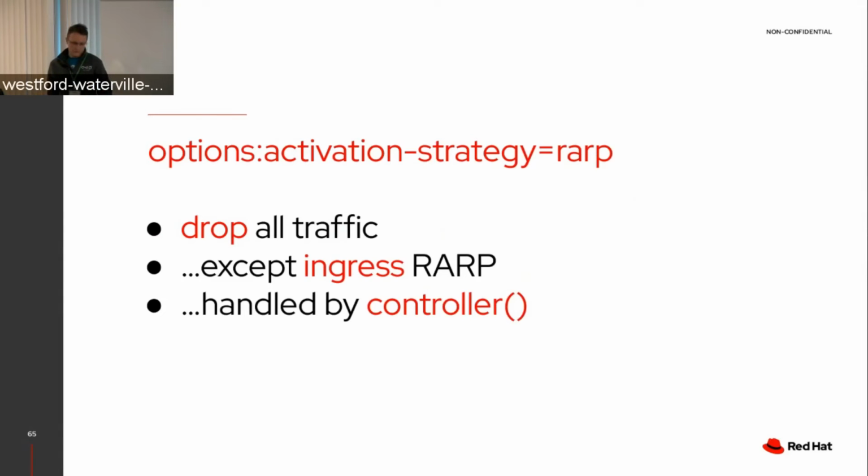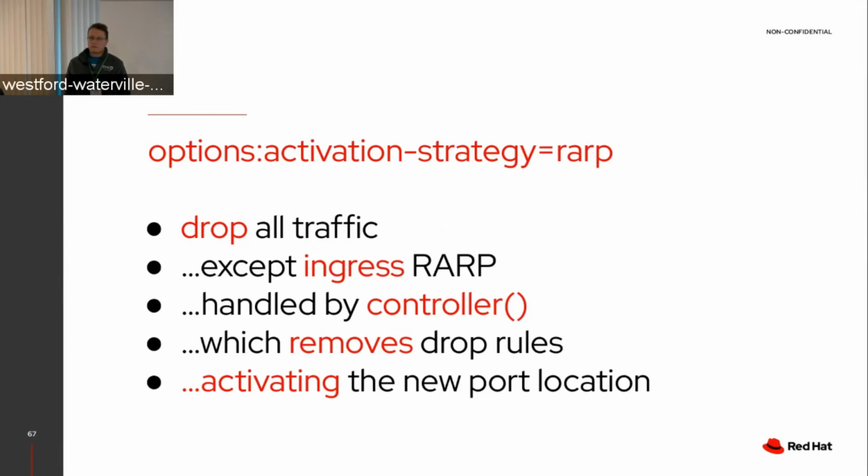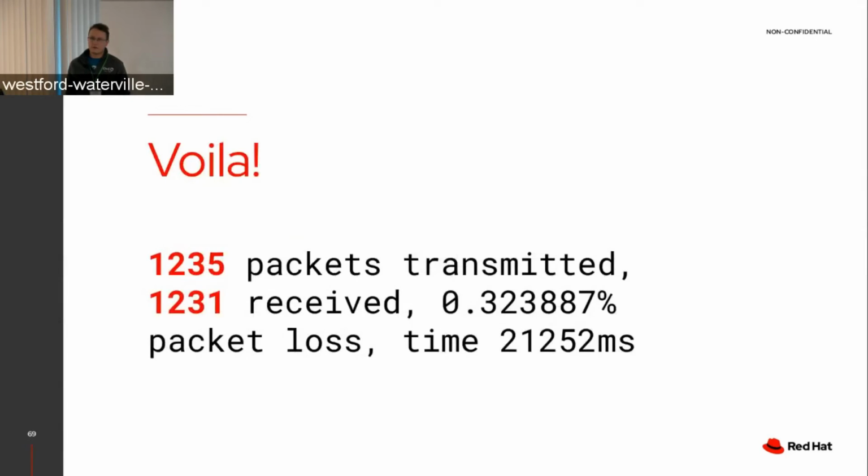We capture this packet with a controller action, and this controller action will remove the flows that were dropping all the traffic that belongs to the port. So once RARP is received, almost immediately we unblock the port for further processing. And this works. So with this, we get to this point.